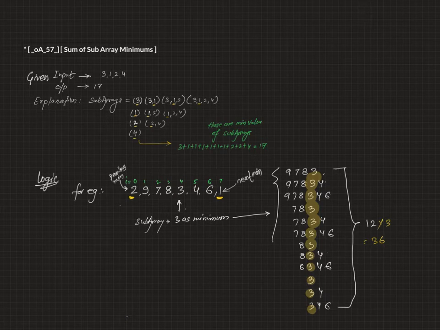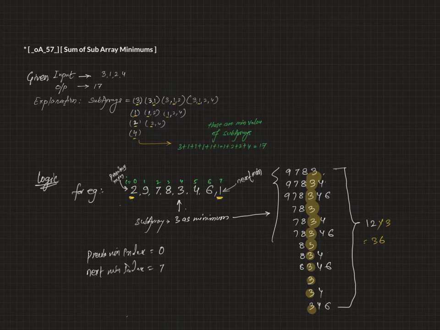Let me show you how. What is the index of the previous minimum? The previous minimum index is 0, and the next minimum index is 7.